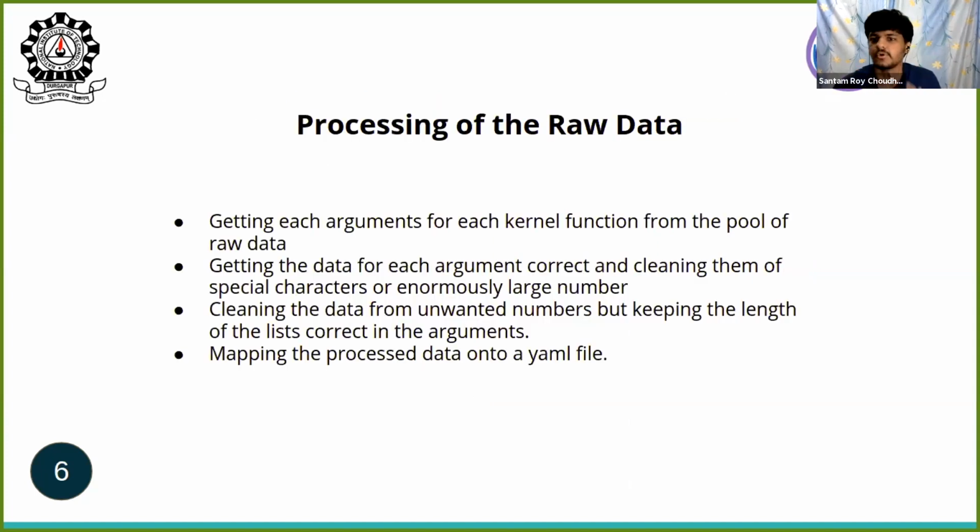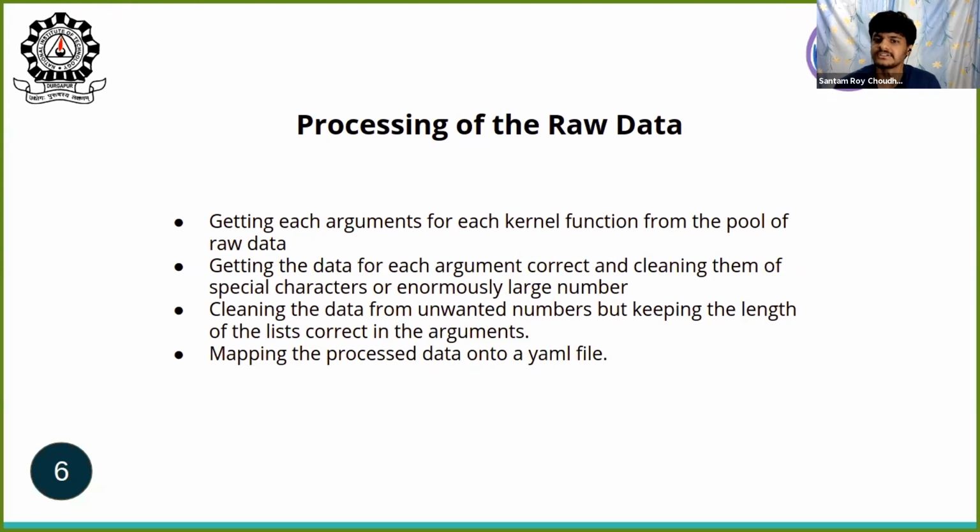After we got a pool of raw data, the next step was processing. We had a lot of data, and we fetched each and every argument for each and every kernel function.